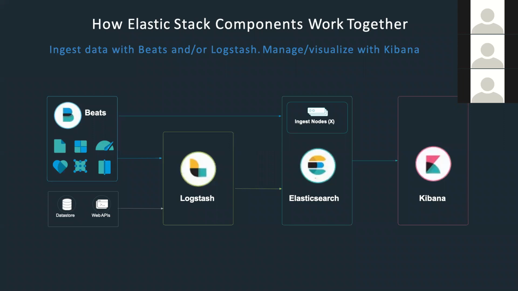Next, we're going to talk about how the components work together. The first layer contains the Beats. As I said, we can install them on Windows machines or Linux machines or whatever. It depends on the use case and what you need to collect.